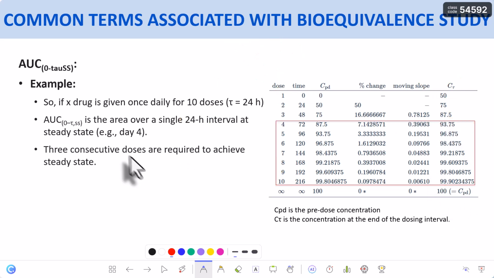So in this example, 3 consecutive doses are required to achieve the steady state, because in these initial 3 doses the concentration varies very significantly, from 50 to 75, then 87, but beyond the third dose the concentration has almost achieved the steady state, and this becomes your AUC 0 to tau SS.